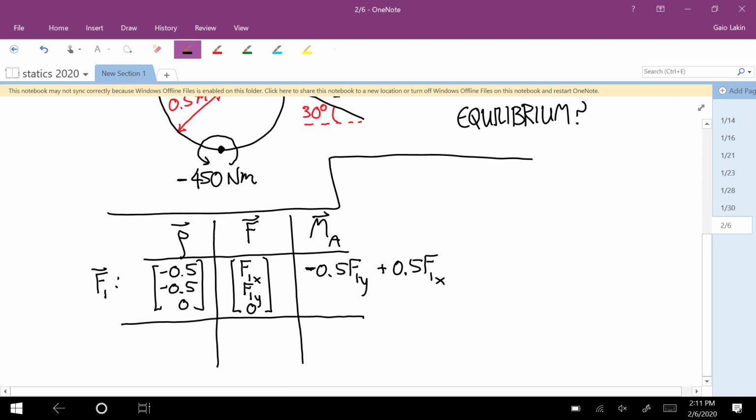Yes? Do you typically not write the moment as a vector? That is a good question, I do want to right now. Pretty soon I'll start writing it as a scalar just to save time. But yes, I did want to do that. So it's 0, 0, and then the z component is negative 0.5 F1y plus 0.5 F1x. Okay, that's what it is as a vector. Any other questions?